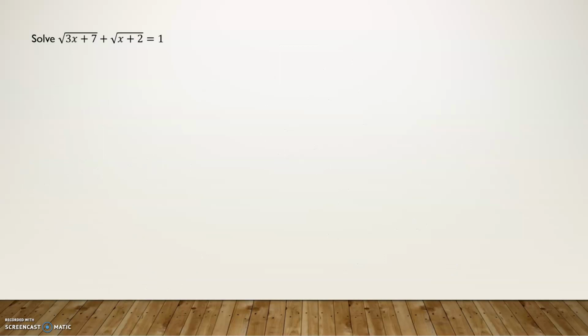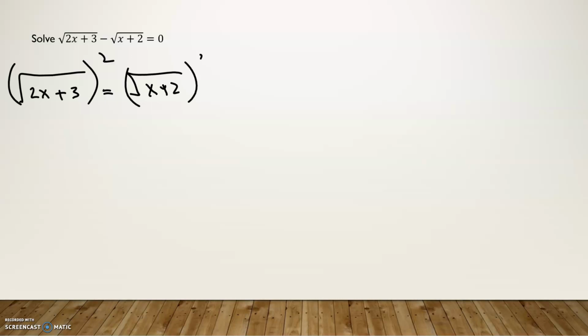Now what do we do when we have 2 radicals? Let me do this one first. When we've got 2 radicals, we're going to move just one of them over. And because this one has a negative, I'm going to move that one over to the other side so it becomes a positive. So we're going to have the square root of 2x plus 3 equals the square root of x plus 2. Now we're going to square both sides.